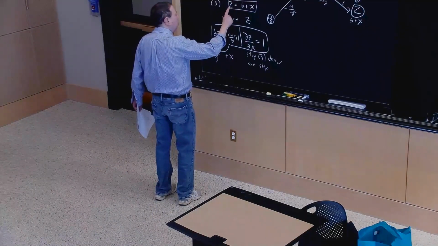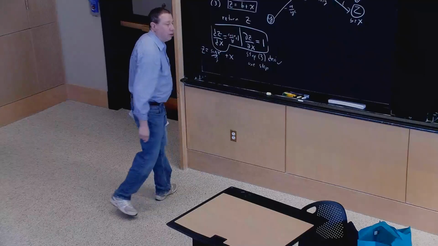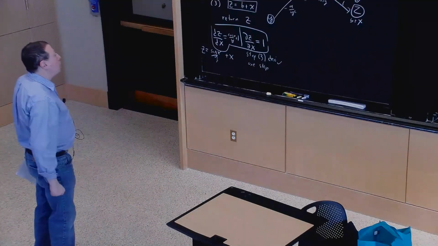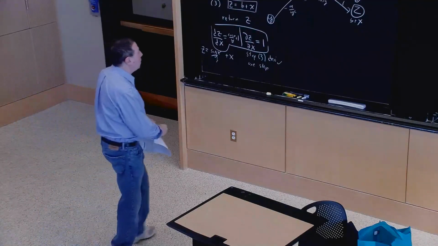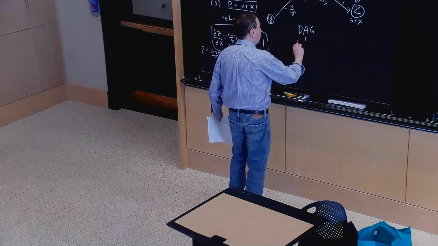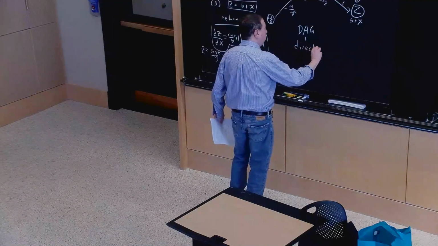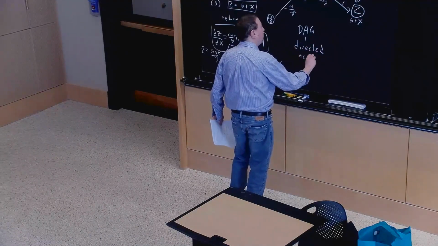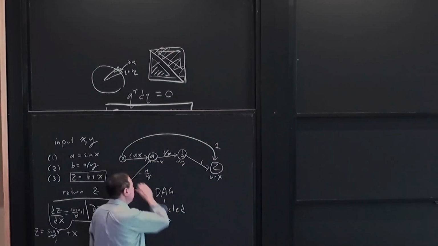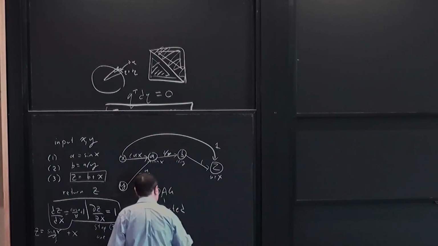I can't execute z unless I know b and x. And so the very nature of a computer program is that this is going to be a DAG, maybe most of you know that word. It's a directed acyclic graph, which in simple English means that wherever I am, all the inputs are moving left to right, from the beginning to the end.